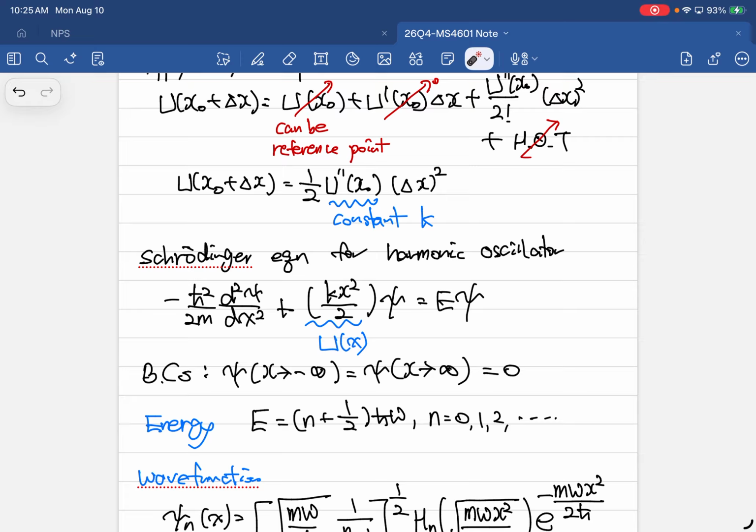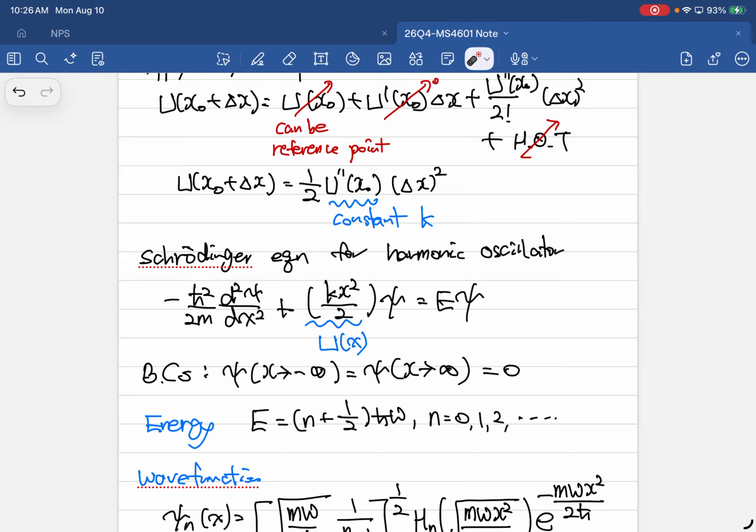This is actually a very lengthy process to work through with the Schrödinger equation, so I'm not going to get into that, but I'm just going to show you the results. After going through a very lengthy process, the energy is essentially given as this. If you look at it again, this is a discrete energy, because energy is given as n plus 1/2 h bar omega, and this n goes from 0 to infinity, but only integers.